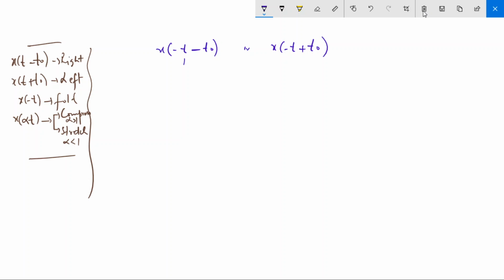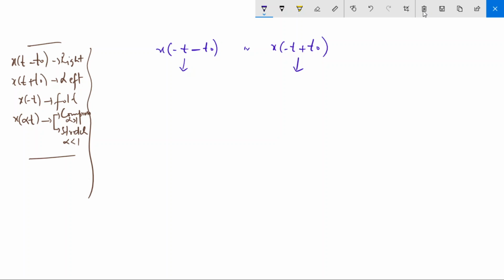Okay, these two signal transformations involve folding and shifting at the same time, because t is replaced with minus t, so it is a folding operation, and t minus t naught is a shifting operation, and similarly here. Now the question is how to apply these two operations in sequence, whether we have to apply shift first and then fold, or fold and then shift. So you can do it either way.